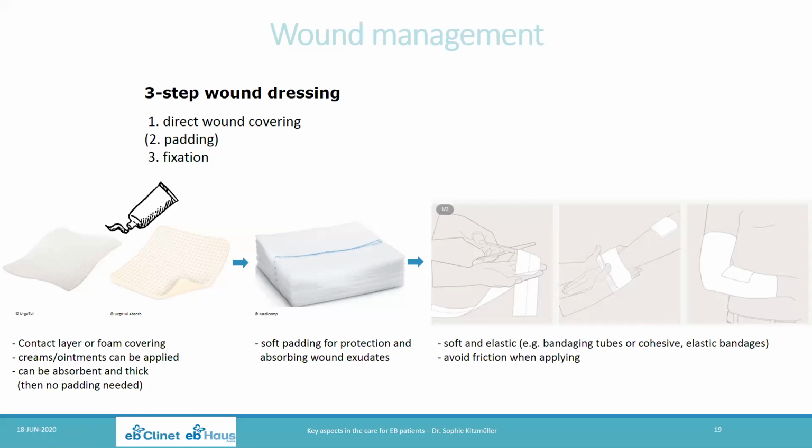So if you apply them very loosely, they will get stronger, so that the friction will get stronger over time. Also, be aware that those fixations are loose. The more pressure you put on those fixations, the more friction you apply on the skin of the patients, which again might lead to damaging of the skin.